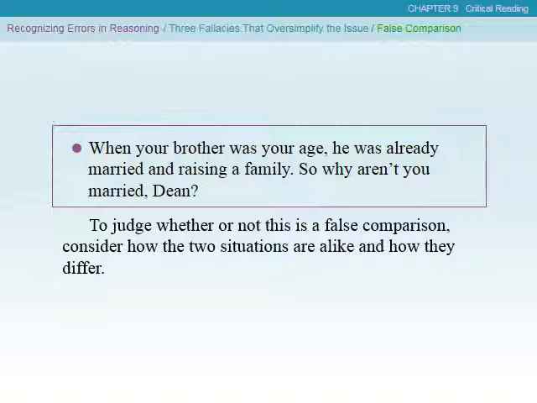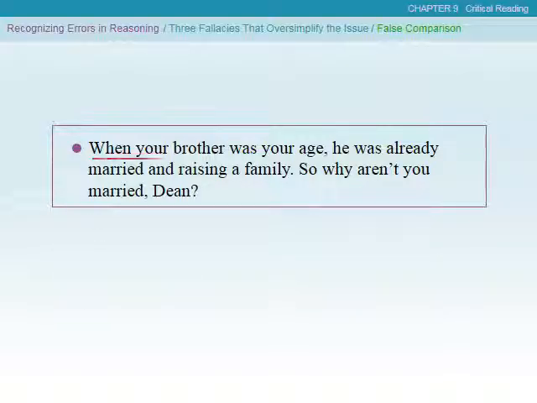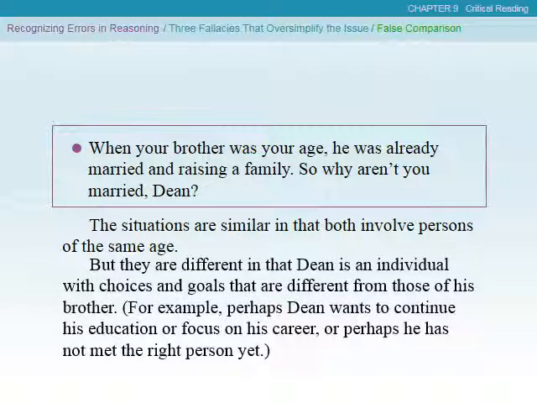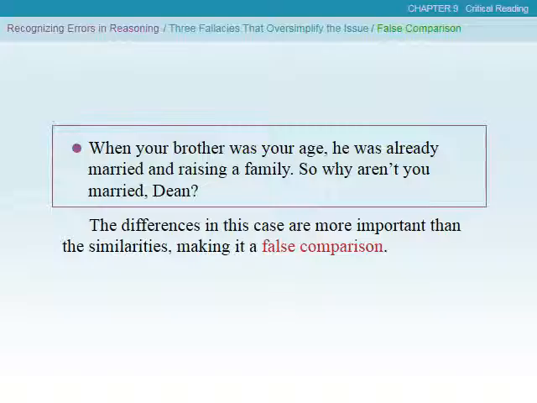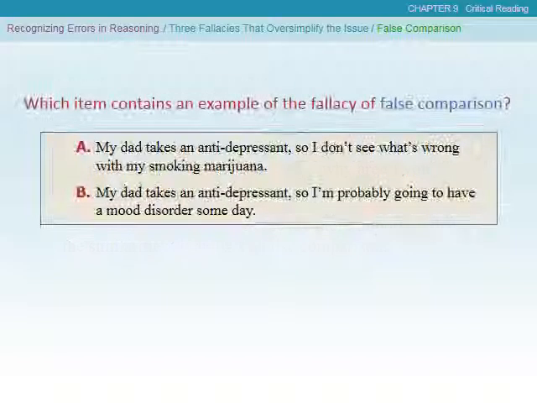His life is different than mine. We can't say just because he did it, I should also be doing it. The situations are similar, but we're different people. So this is a false comparison. The differences in this case are more important than the similarities. When the differences are more important, it's a false comparison.